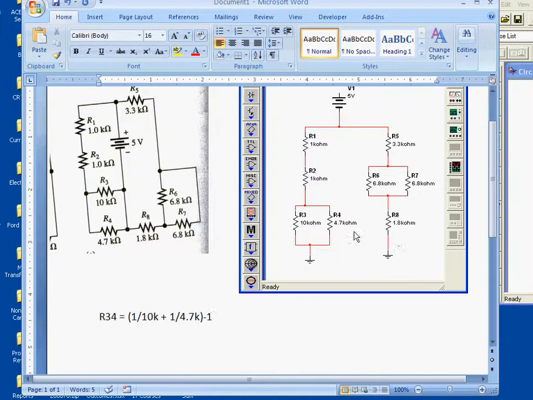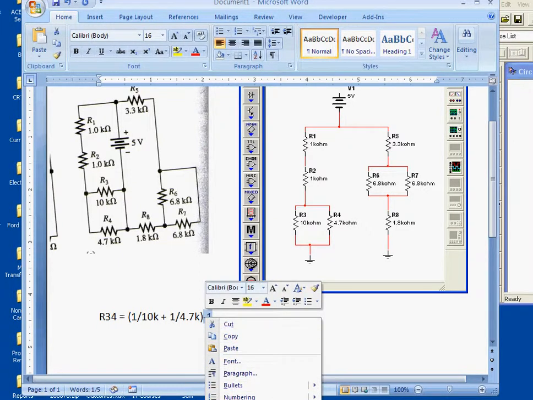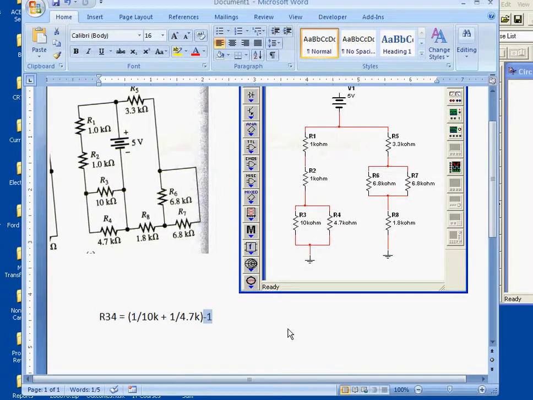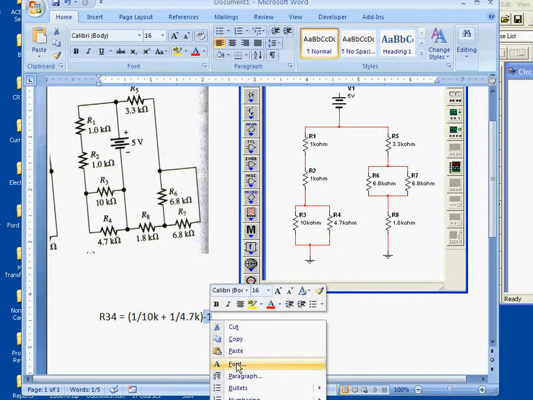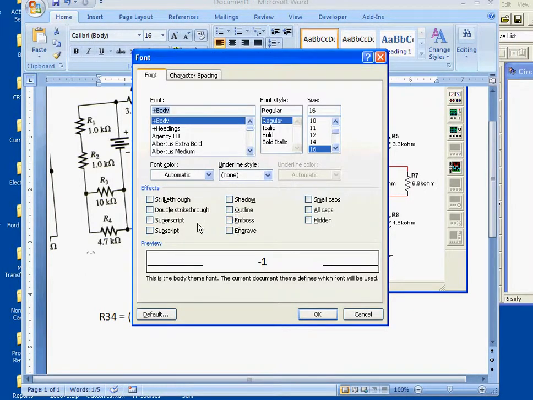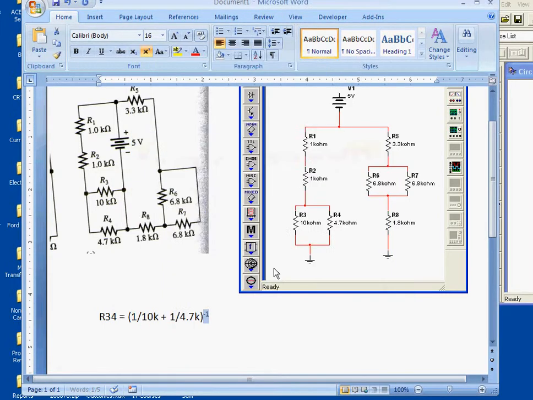So put -1 on that. I'll have to superscript that one. Okay, go down to the next line here and figure out the resistance now.